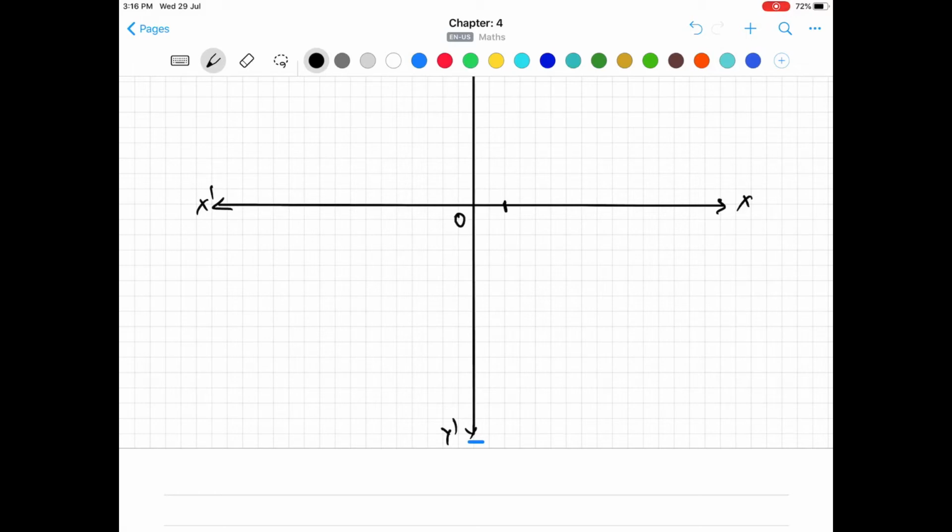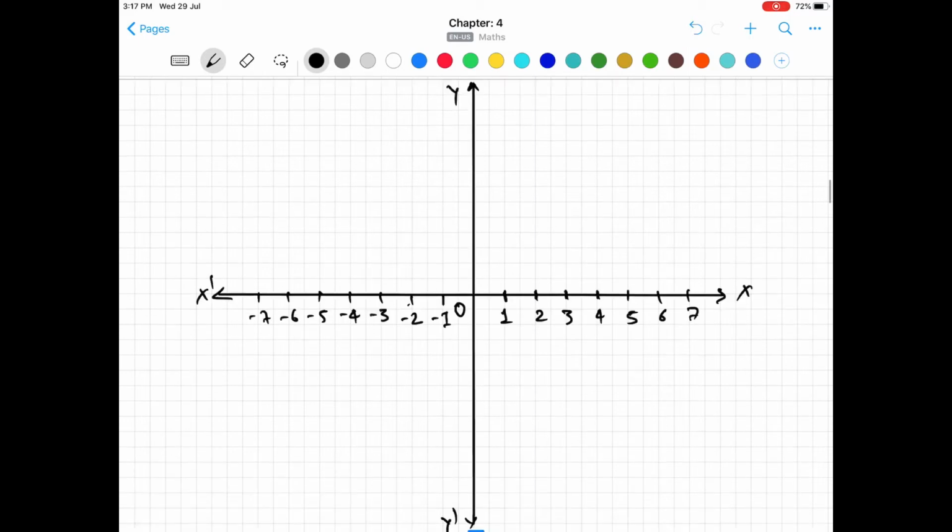Then we have points marked at equal distance. So we have 1, 2, 3, 4, 5, 6, 7. On this side we have positive values of x. On the left hand side we have -1, -2. Let's mark the points at equal spacing. So we have -2, -3, -4, -5, -6 and -7.